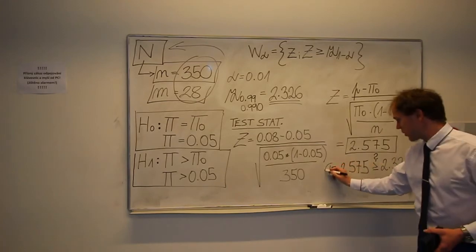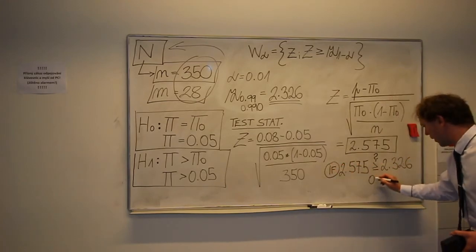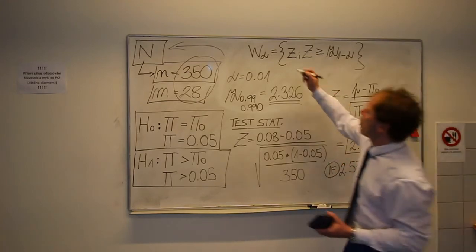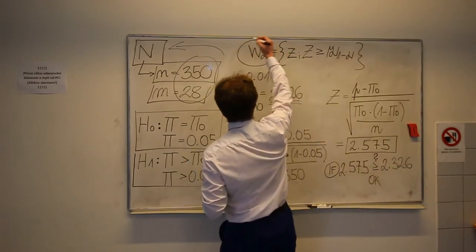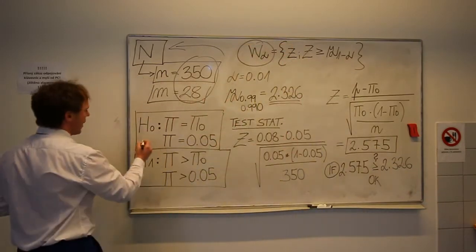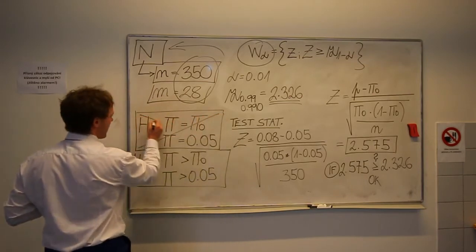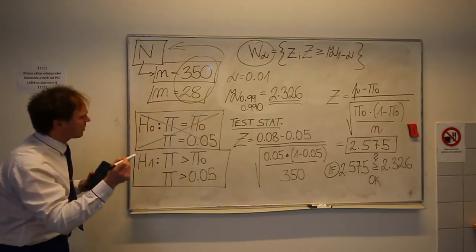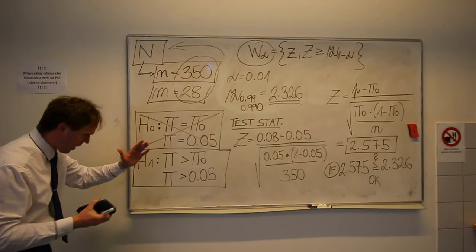Yes, this is true. So we entered the rejection region W alpha, and the zero hypothesis is rejected at the 5% significance level.